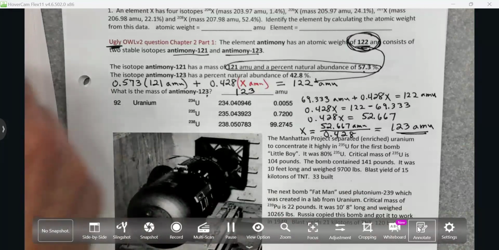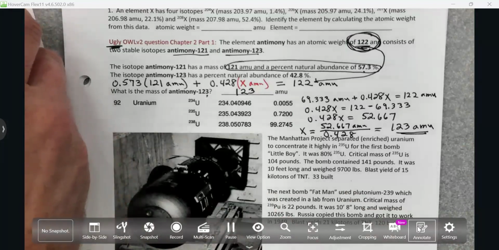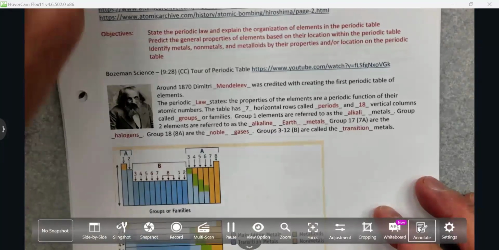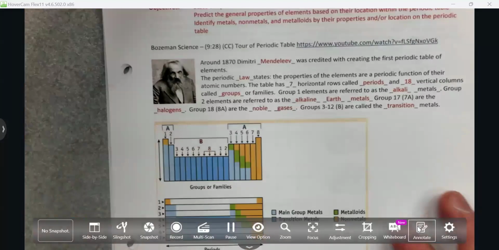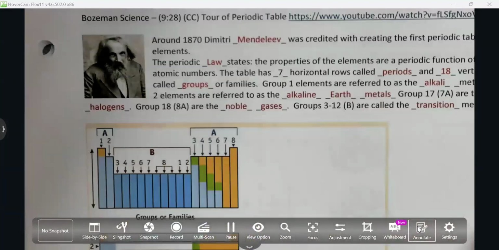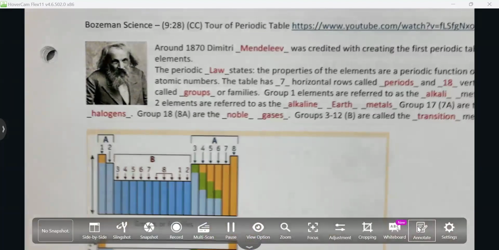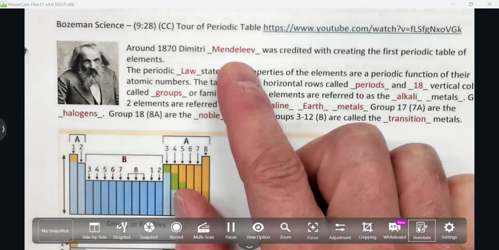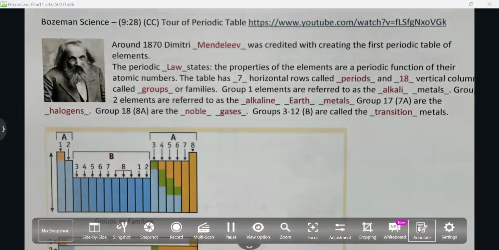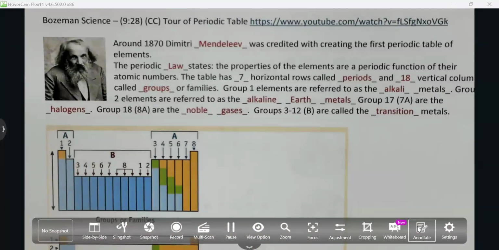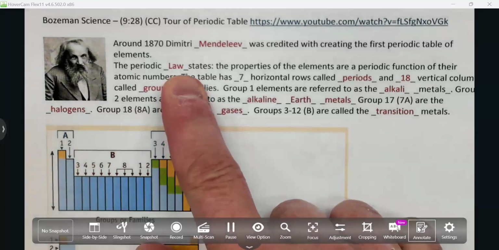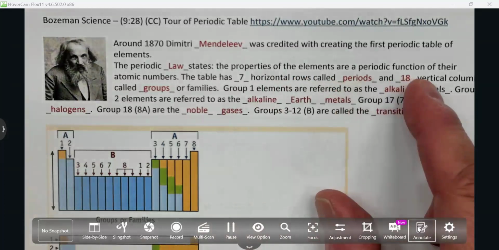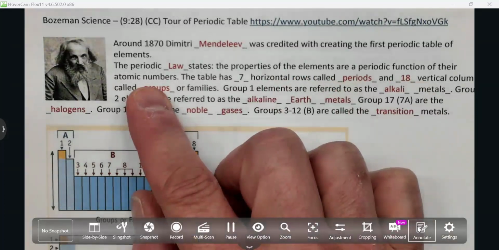Okay. Let's go to the next page. So on the next page, we've got some information about the periodic table here. So 1870, Dmitry Mendeleev was credited with creating the first periodic table of the elements. The periodic law states the properties of the elements are a periodic function of their atomic numbers.